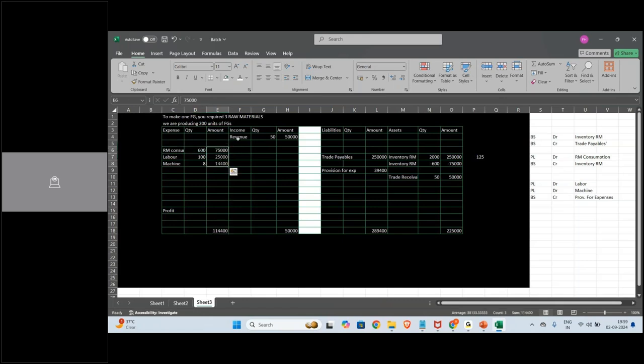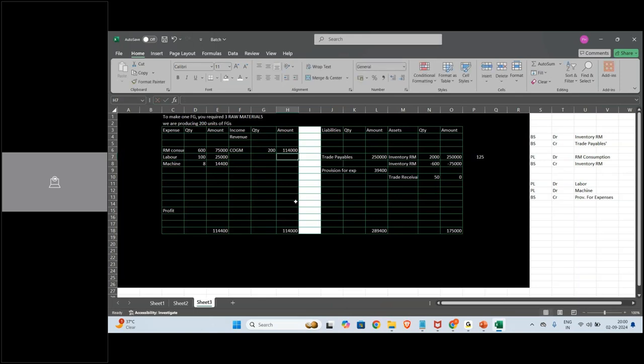So at the end of the day, on the production order, we will receive the finished goods. When you receive the finished goods, you have this entry called COGM. How many units have I made? 200 units. For 200 units the cost is 1,14,000, so you will book an entry.